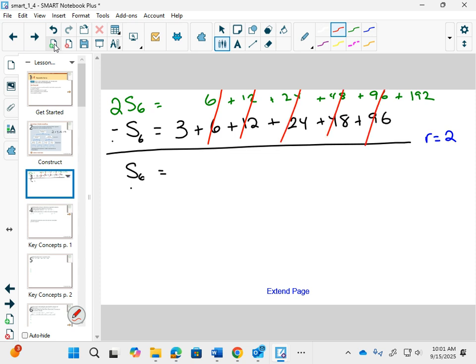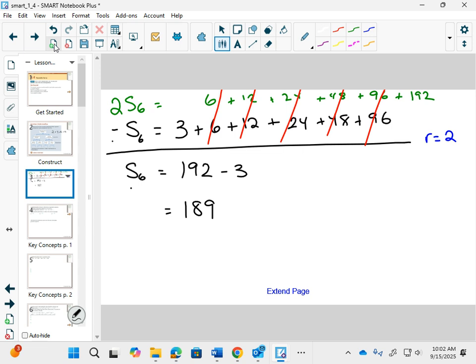If I do the top one, the green one, minus the black one, they would all go away and I would be left with just the 192 minus 3 for 189. And if you add 3 plus 6 plus 12 plus 24 plus 48 plus 96, you will get 189. It becomes a shortcut for adding.